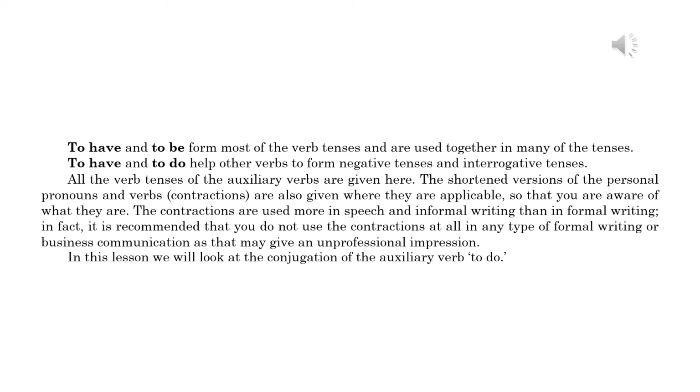The contractions are used more in speech and informal writing than in formal writing. In fact, it is recommended that you do not use the contractions at all in any type of formal writing or business communication, as that may give an unprofessional impression. In this lesson, we will look at the conjugation of the auxiliary verb to do.